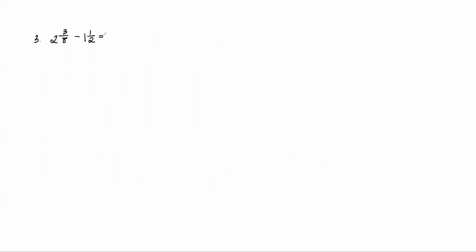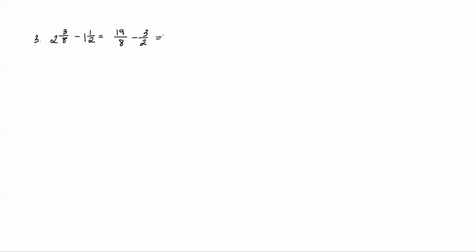But first thing we have to do here, just like when we multiplied, is change these into improper fractions. So we're going to take the 8 times the 2, which is 16, plus 3, so 19 over 8, minus 2 times 1, which is 2, plus 1, which gives us 3 over 2.